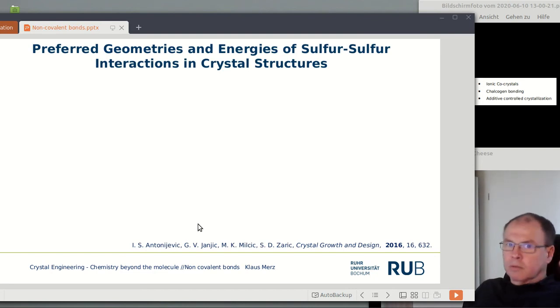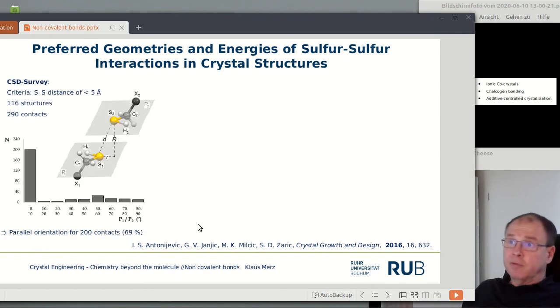If we go on from CO to sulfur, we should talk about sulfur-sulfur interaction and think about whether you can see a general assignment to one typical molecular arrangement or aggregation behavior.